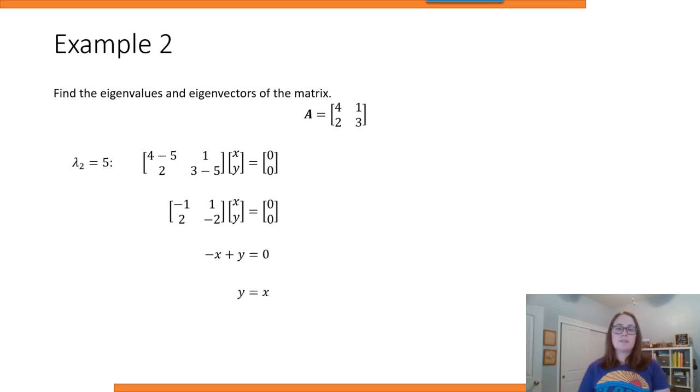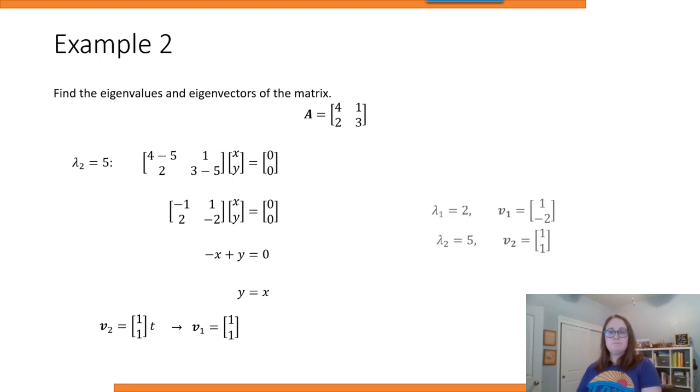Adding the x, that means x equals y. So they're always going to be equal to each other. I can write that as the vector (1, 1) times some parameter t, or just let t equal 1 and say that v2 equals (1, 1). And I got a second eigenvector. Okay, so 2 eigenvalues and 2 eigenvectors to go with them.